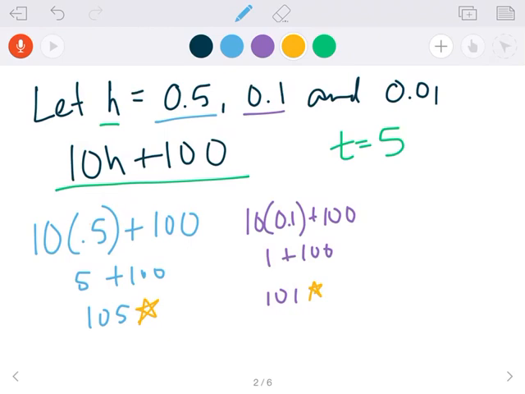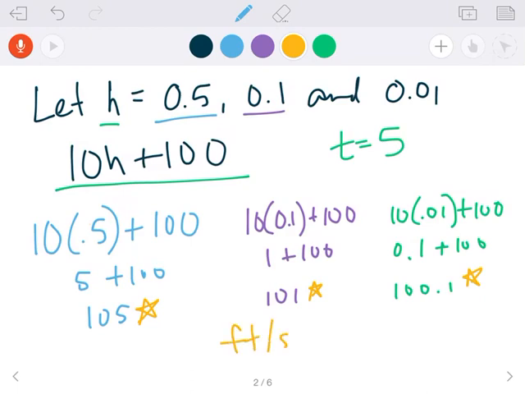And we'll do 0.01. 10 times 0.01 plus 100. 1/100th of 10 is 0.1, so 0.1 plus 100 is 100.1. Again, that matches our calculations. And all of these we were calculating in feet per second.